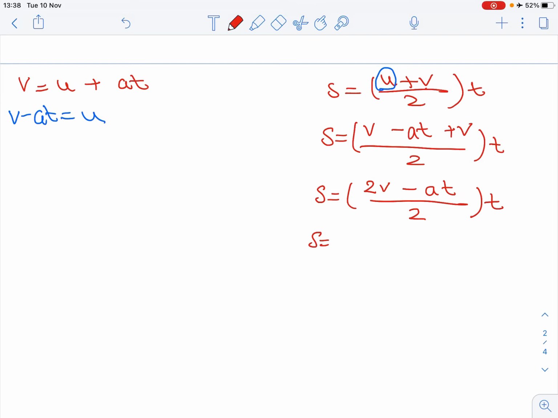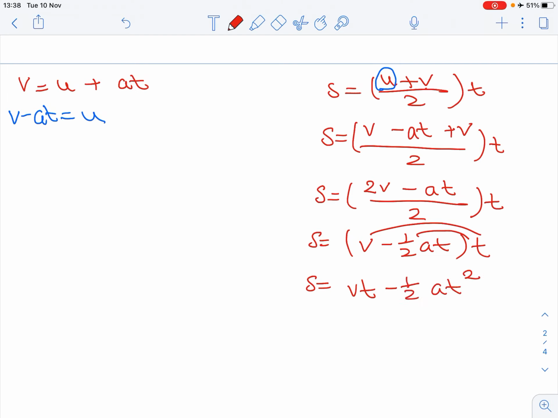So 2v divided by 2 is v, and minus at divided by 2 is minus half at, multiplied by t. So s equals, we're going to expand the bracket, v multiplied by t is vt, minus half at squared. So this is our final equation.